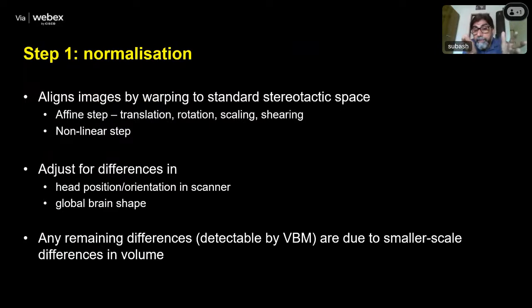Then depending on the brain size, you can do scaling and shearing, so that you can fit it into this template. All these processes have to be carried out so that it fits into this template. Then you take the second brain and do the normalization of that brain, and take them one by one and put them together.